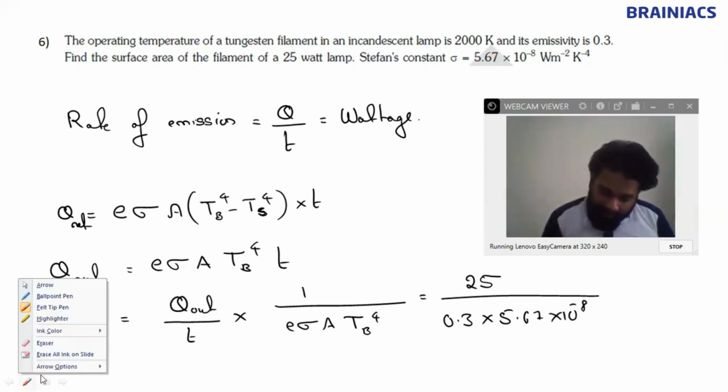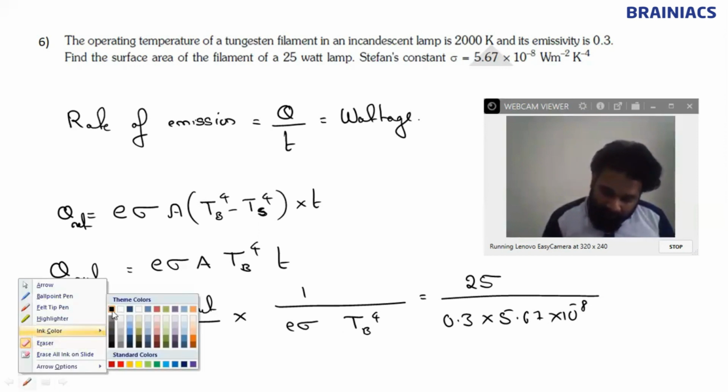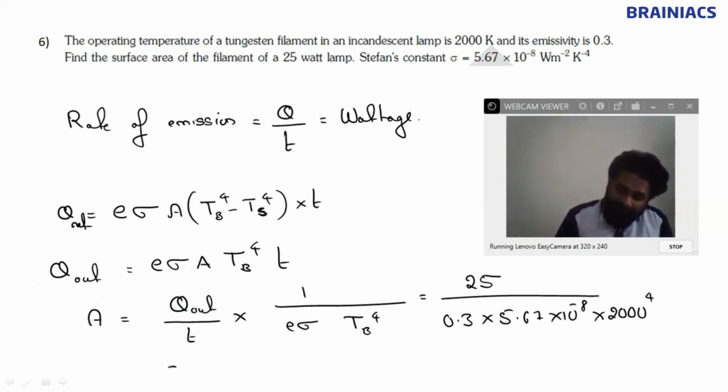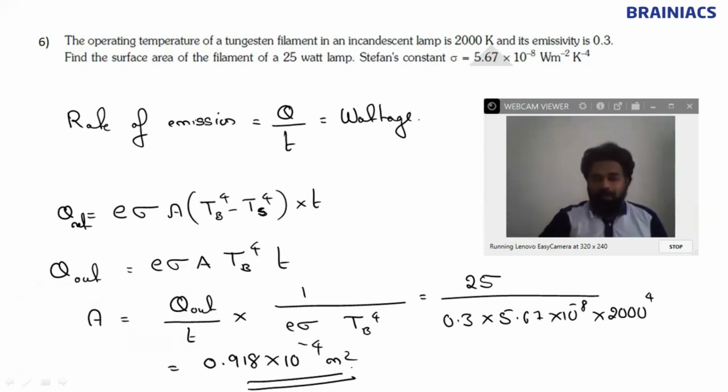Temperature of the body is given as 2000 Kelvin, so 2000 raised to 4. Simplifying this, we get 0.918 into 10 raised to minus 4 meter square. So this is the area of the body.